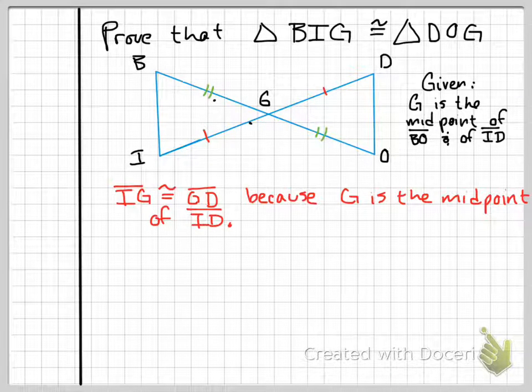It's the same distance from B to G as it is from O to G. So I can say that those two segments are congruent. So I'll say segment BG is congruent to segment OG.